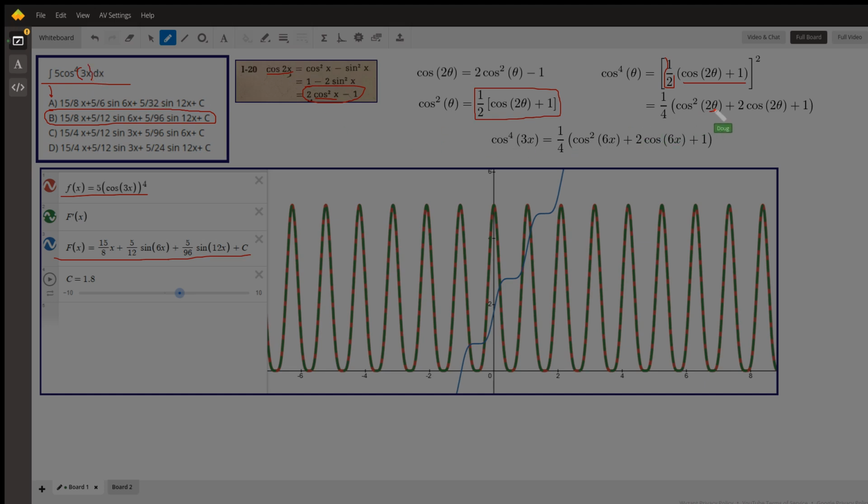So wherever we see a theta in this formula, we're going to put in 3x. And so 2 times 3x gives us 6x here and 6x here. Okay. And to reduce this even further, we're going to replace cosine squared of 6x. We're going to reduce it the same way we did this guy.